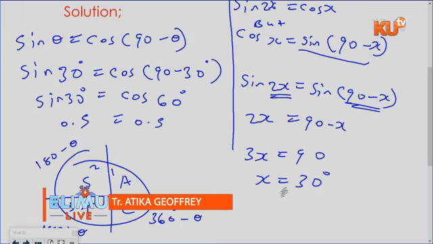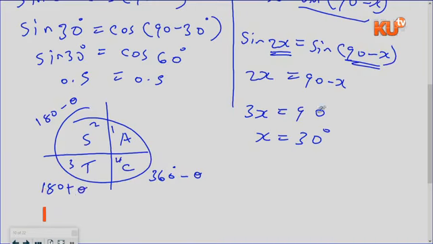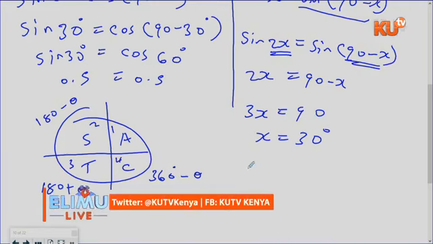Our theta here is 30, so 180 minus 30 will give us 150. So in short, our x can also be equal to 180 minus 30, that will give us 150 degrees. So these are our two values or two answers for this particular question.